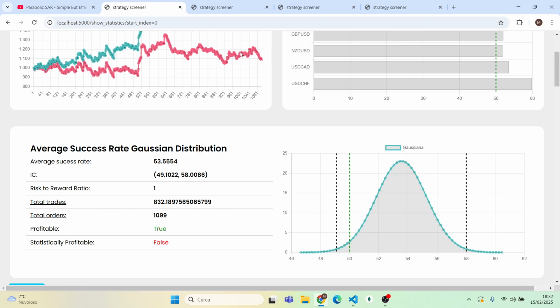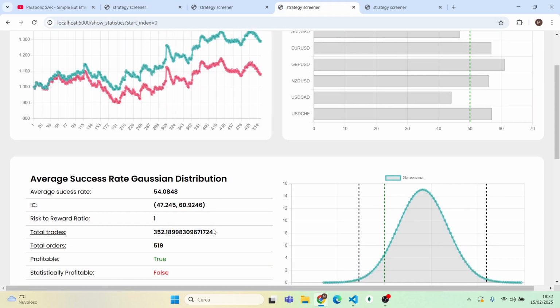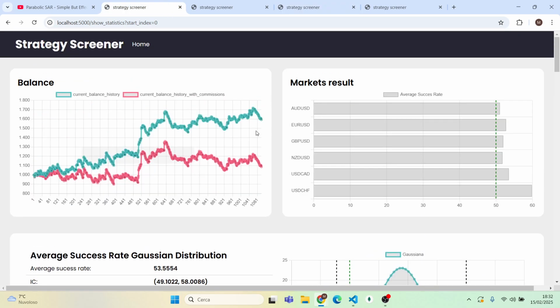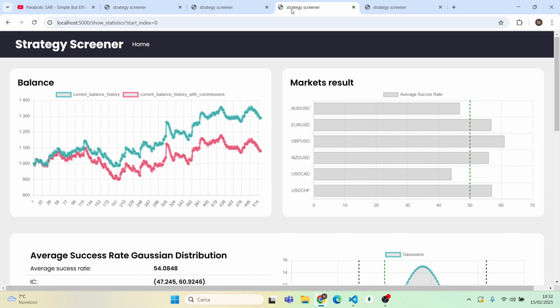How many trades have we lost? Like half of the trades, and have we made more profit or less profit than before? As you can see, here is the average success rate without commissions, and here the other one. Here it is higher, and with commissions it's almost similar. So it means that this was not a good improvement.